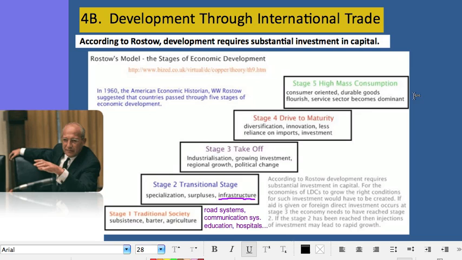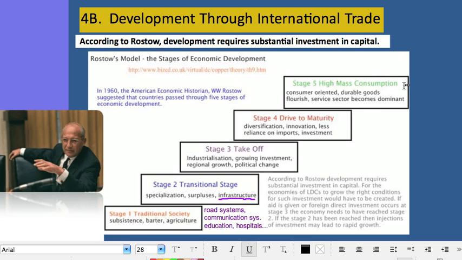Then stage 5 is your high mass consumption. And this is a very highly developed country like the United States and Western Europe. You no longer need to focus on your heavy industries, but now you can focus on providing consumer goods to your public, because they are wealthy now and have the means to buy consumer goods.